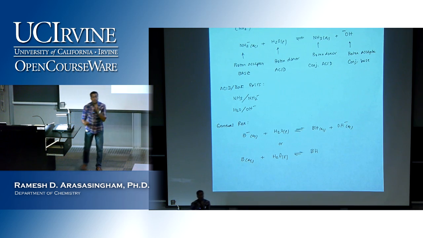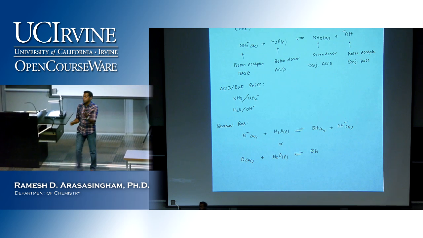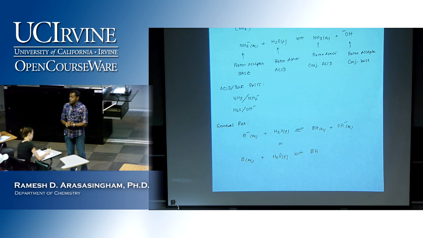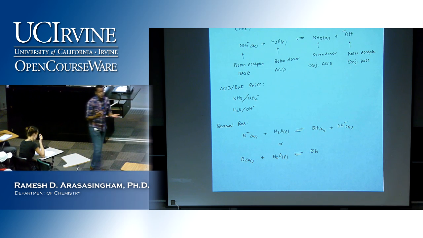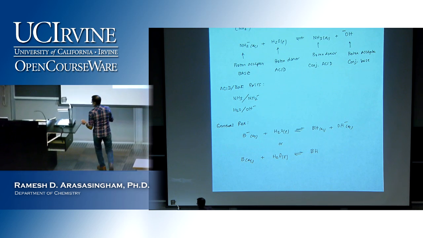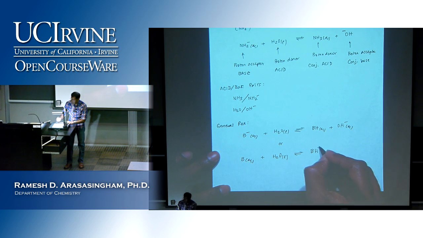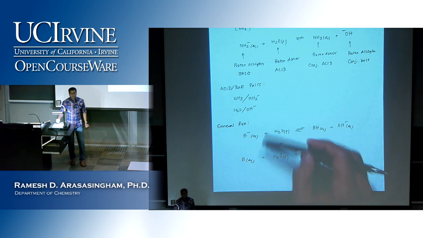If you take something that's electrically neutral and add an H plus to it, overall it will become BH plus. So this takes up an H plus, a proton, and becomes BH plus, plus OH minus, both aqueous. Do you see the difference between them?